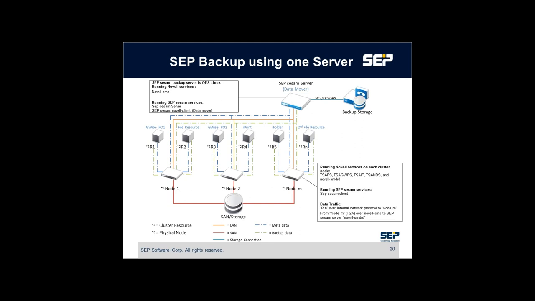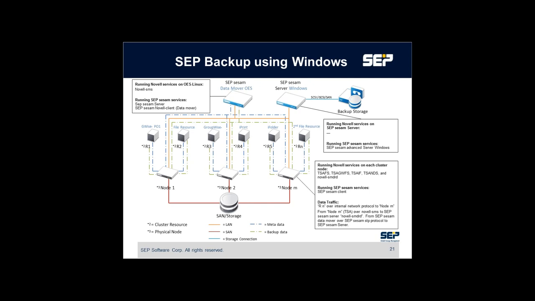And in the next diagram, we will show that the main backup server could be on a Windows machine, and then the machine at the top just to the left of that could be any OES box that we're using as a data mover. So you can have the main platform on Linux or Windows and just configure it slightly differently and get the same results.